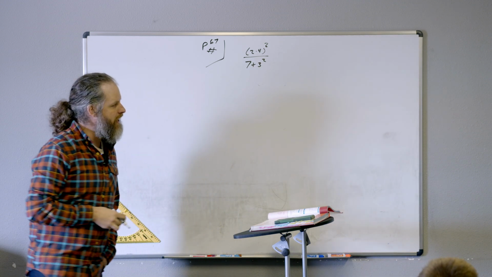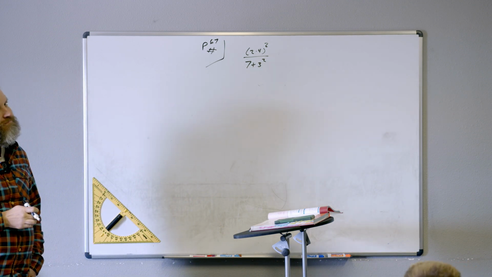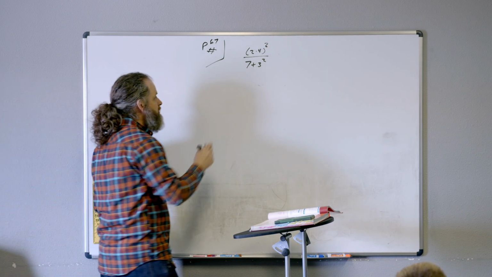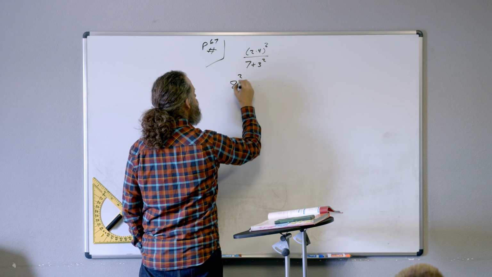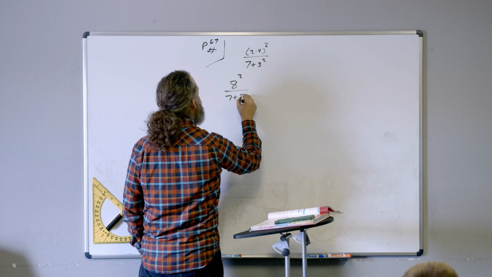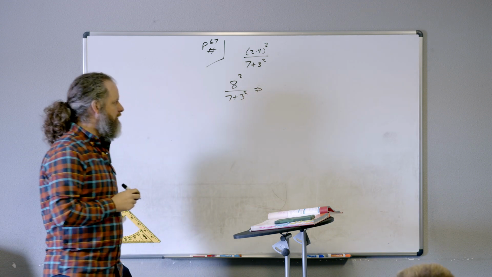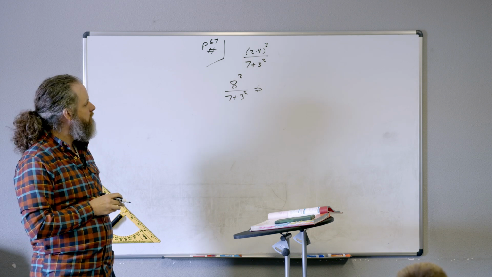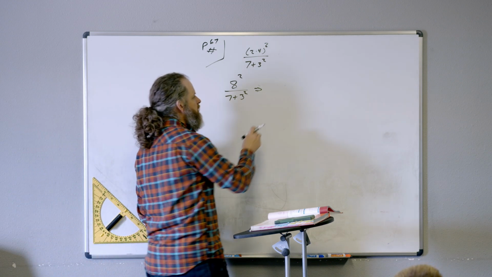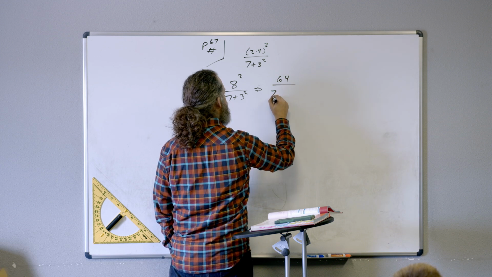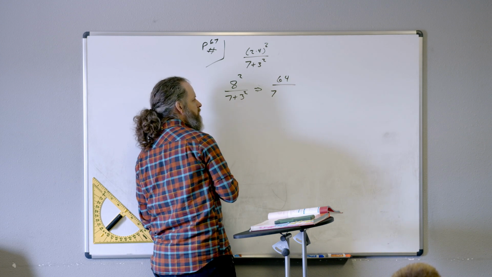What would you do first there? From the parentheses. Okay. 2 times 4, which is 8. What would we do now? Okay, so 8 squared is what? 64. And 3 squared is? 9.